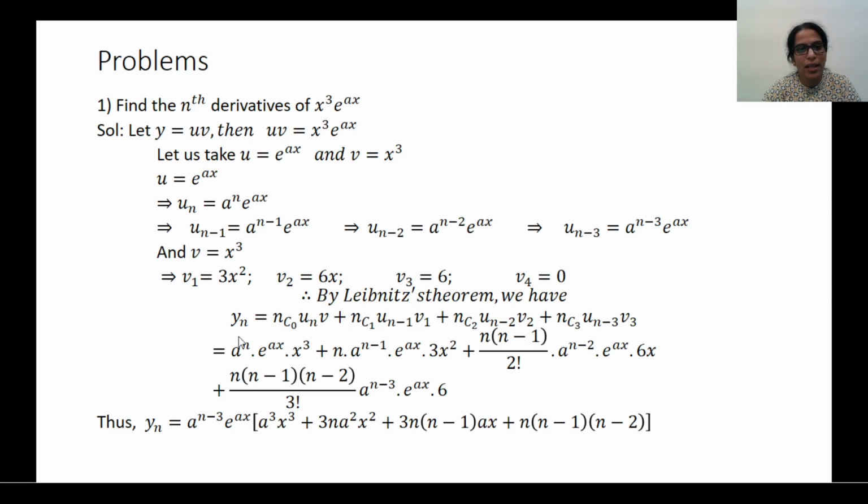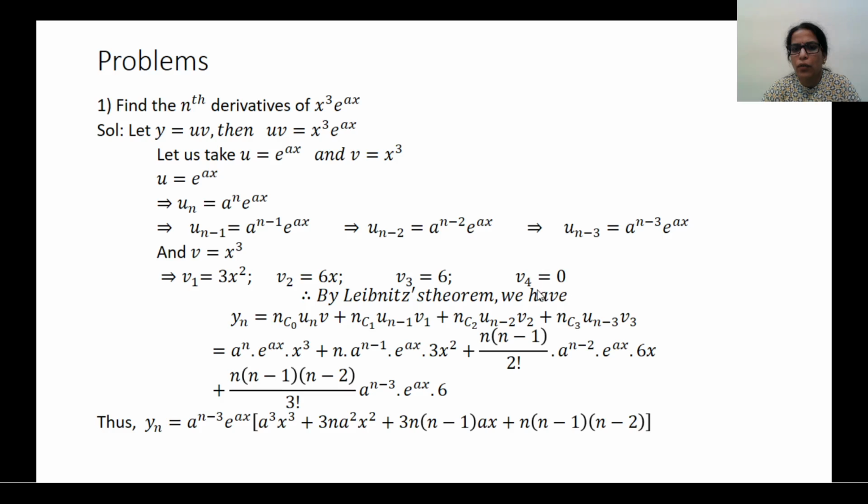What that says: nC0 un v plus nC1 u(n-1) v1 plus nC2 u(n-2) v2 plus nC3 u(n-3) v3. The derivative of u goes on decreasing and the derivative of v goes on increasing. Why have we not written the next terms?